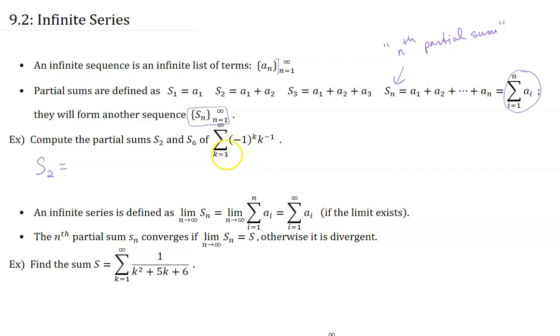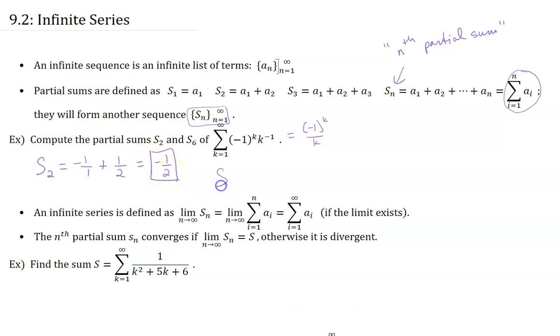Plugging in 1, I get -1 to the first times 1 to the negative first, which we could write as -1 to the k over k if we wanted, same thing. So that's going to be -1 over 1, or just -1, plus the second term at k equals 2. -1 squared is positive, and then over 2, so that's +1 over 2. We can add those together and we get -1/2.